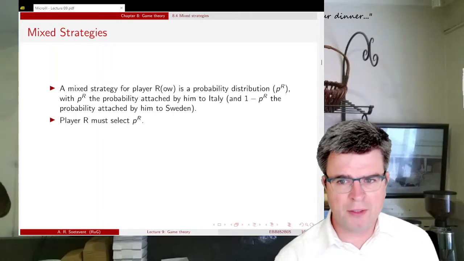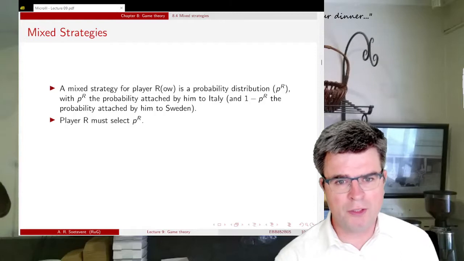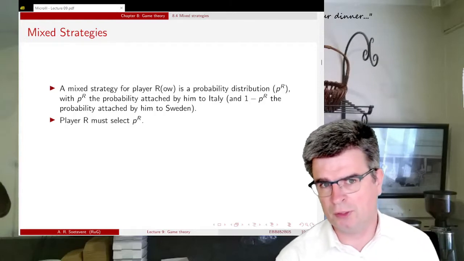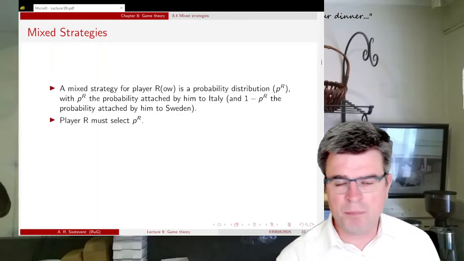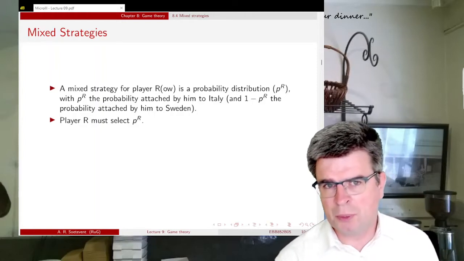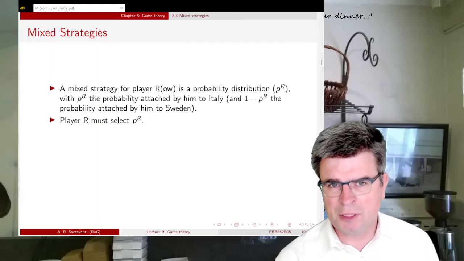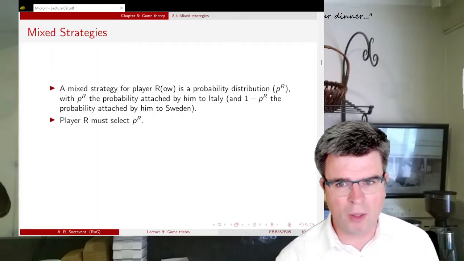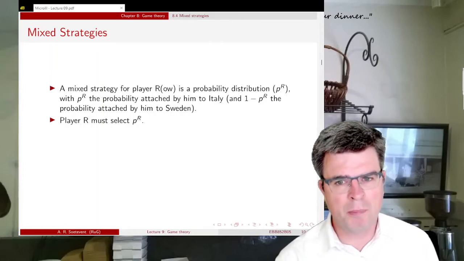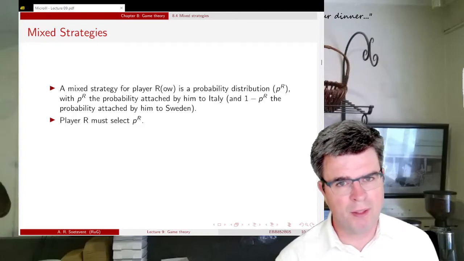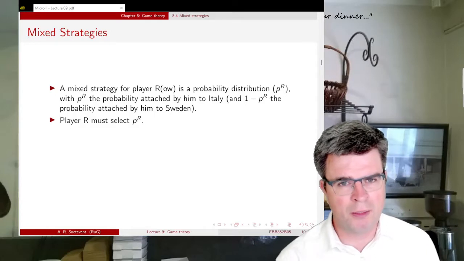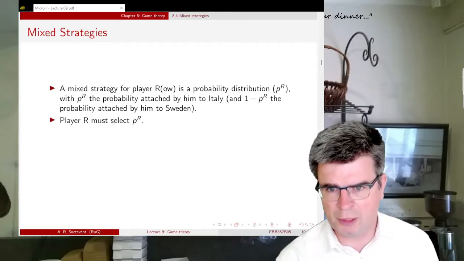So a mixed strategy for a player row is a probability distribution, because now he mixes between the two. And because we only have two actions, we can represent it by only one number, PR. PR is the probability with which the row player will play Italy, and then with probability 1 minus PR, he will choose the other action, Sweden.